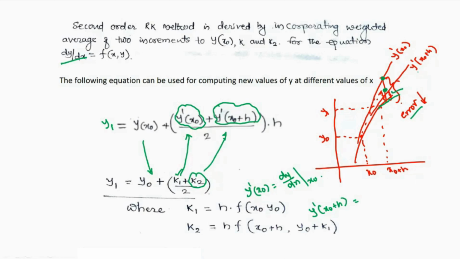I have just shown here that this is the slope at this point, and that can be represented by this equation. Simply what we have to do is find k1 and k2, and we know the initial boundary condition. Based on this, you can compute the new value of y1. This concept is adopted in the Runge-Kutta method or modified Euler's method.